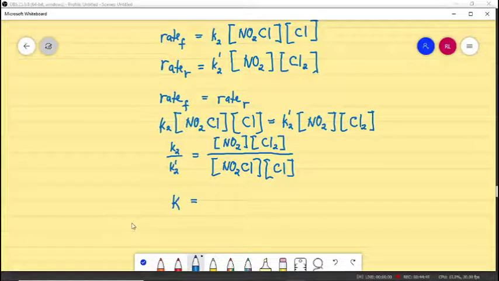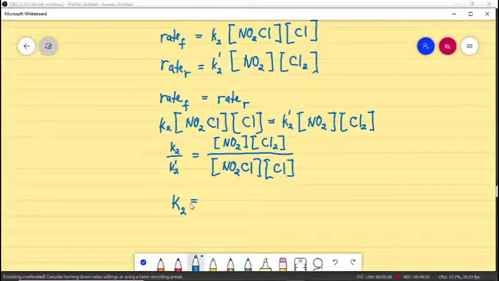That's it. That's the explanation. So since this is referring to the second step, so we use subscript 2.